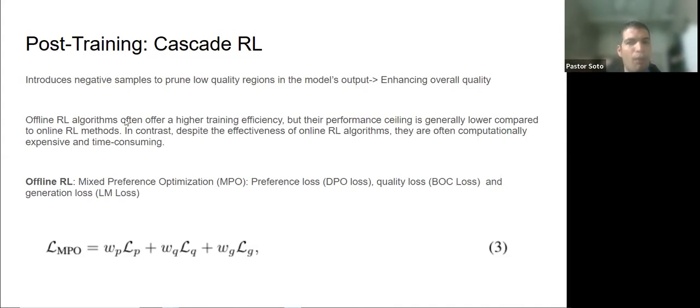For the offline reinforcement learning, they use mixed preference optimization, which is composed of preference loss, quality loss, and generation loss. That's the loss function that they use, and they try to reduce it with this offline reinforcement learning.